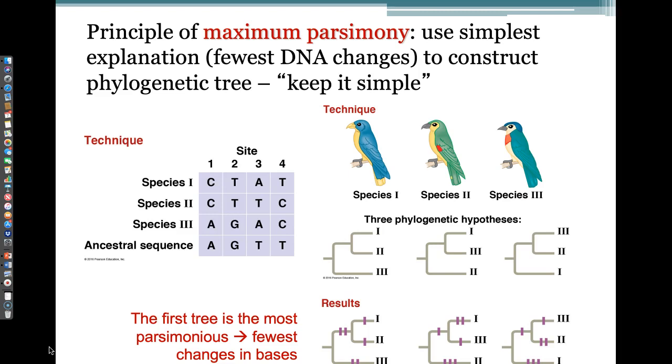So this chart that it's showing you is actually a little bit more complex, showing you an ancestral sequence and then different nitrogenous bases being different based on the species, 3 different species of birds. So there are 3 different options, pairing up 1 and 2, saying that they're the most similar in terms of the species, and then 3 would be the furthest out group.